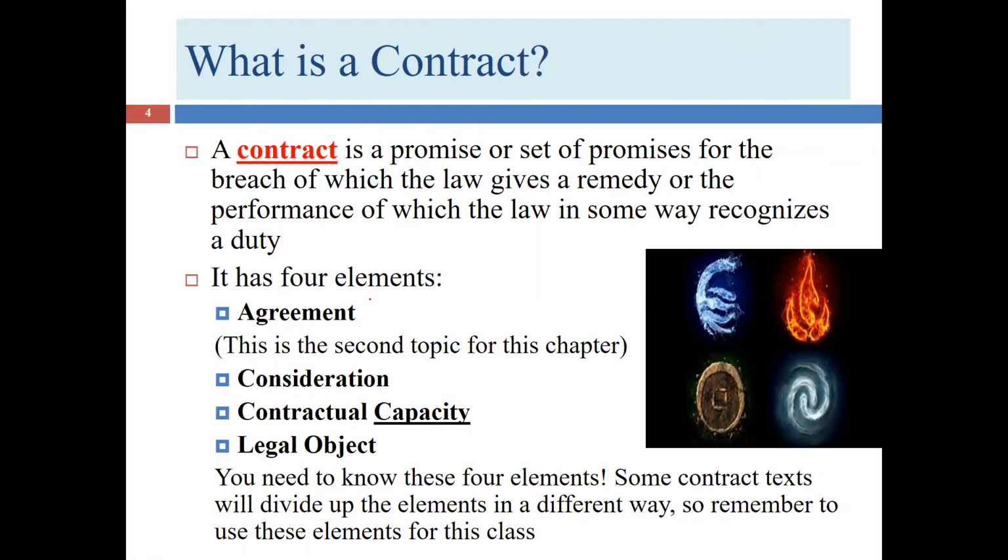So these we have to have. We may have other stuff, but it's possible that we can have these 4 items and additional stuff. That's not going to make it not a contract, usually, but we have to have at least this. These are necessary and sufficient elements for most contracts.